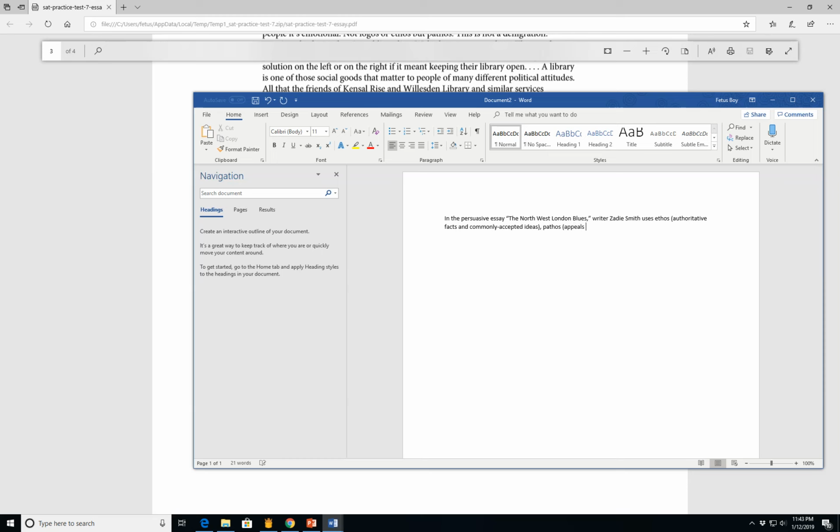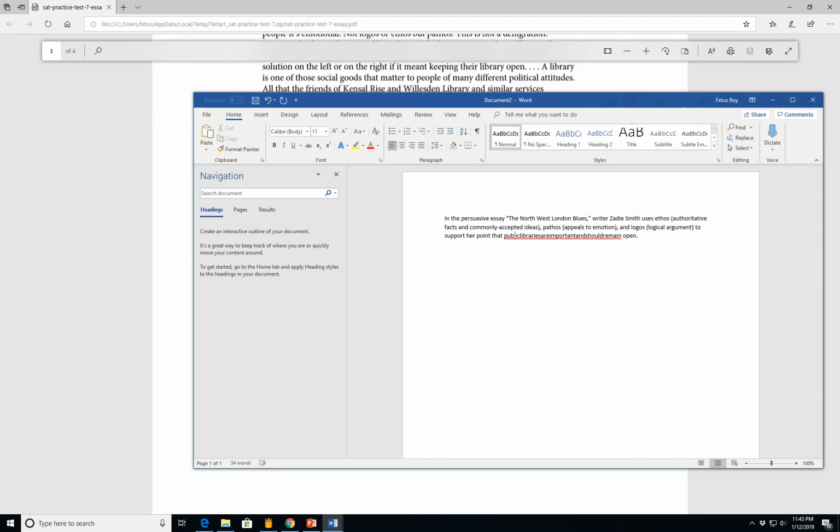Pathos, appeals to emotion. And logos, logical argument, to support her point that public libraries are important and should remain open.